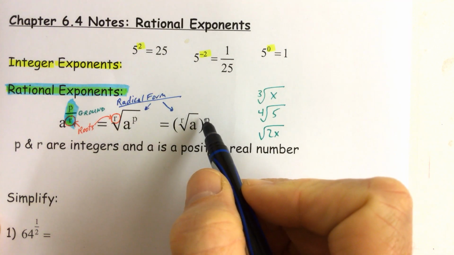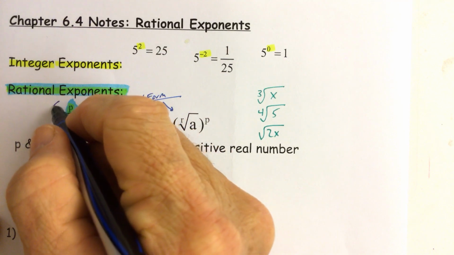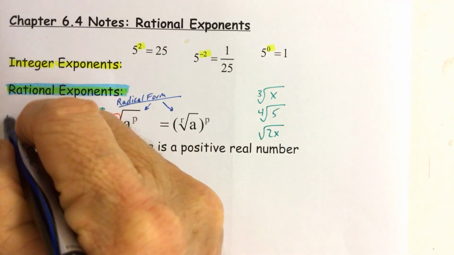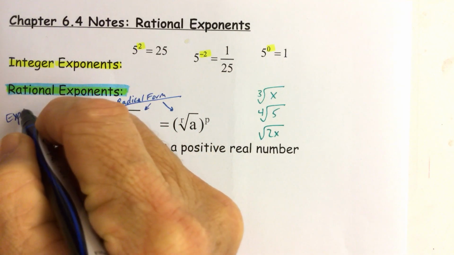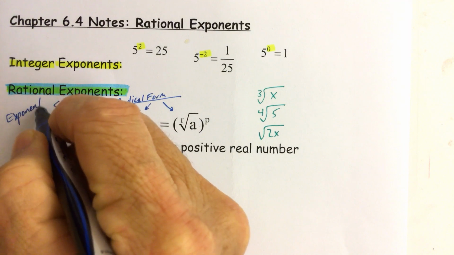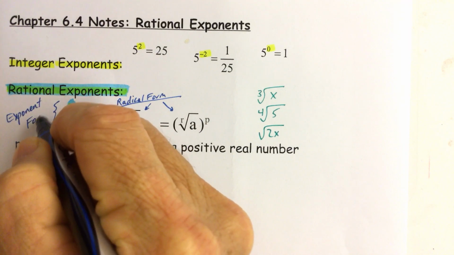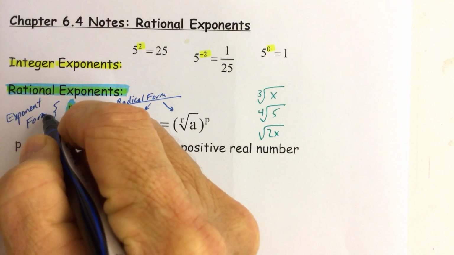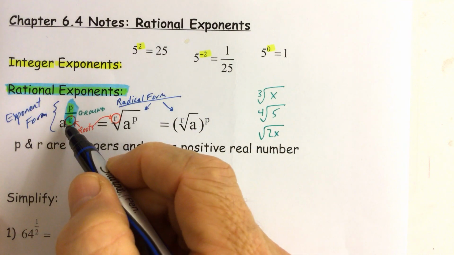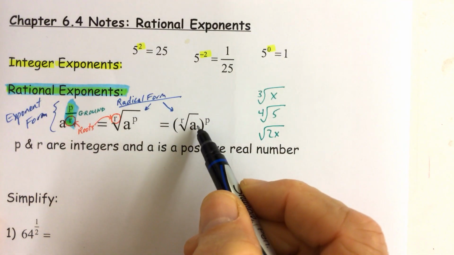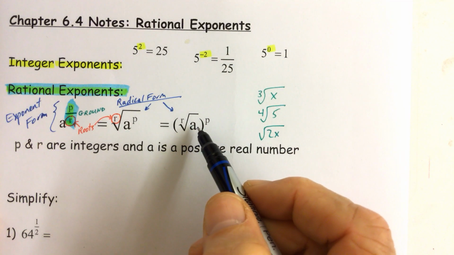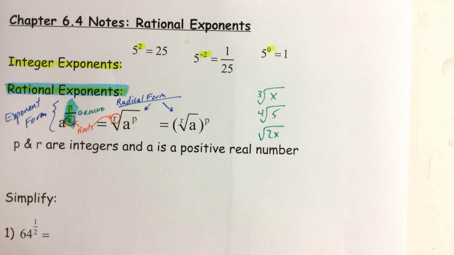This right here is what we call exponent form, or in some places you'll see exponential form. So when we're dealing with rational exponents, that's exponent form and that's radical form. So it'll specify exactly how you're supposed to express your answers. I just wanted to make sure you understand that.